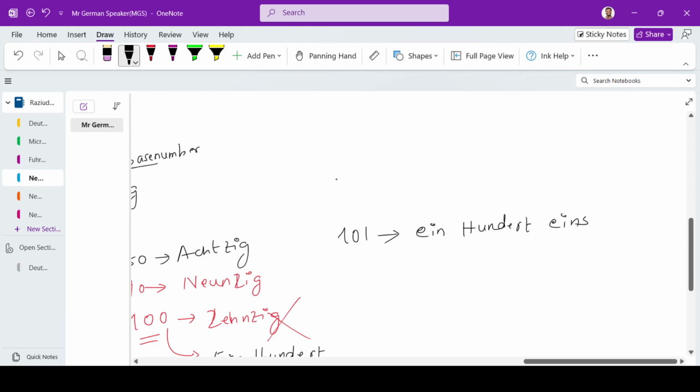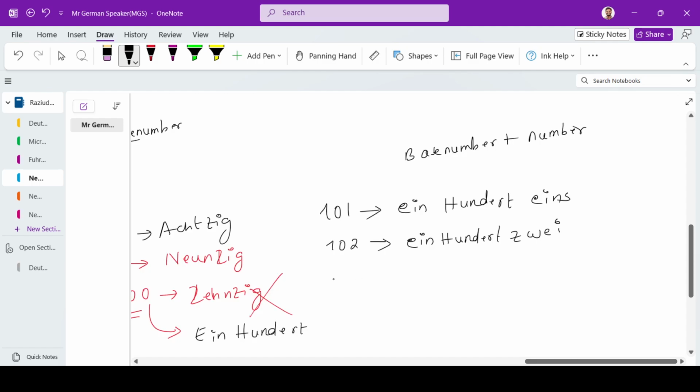So you see, here's a new rule again. This rule starts from 100. We write the base number plus the number. For example, if I need to write 102, it will be einhundertzwei, where 100 is 100 and 2 is 2. Similarly, for 103 we write einhundertdrei.